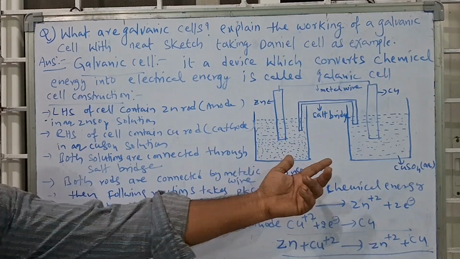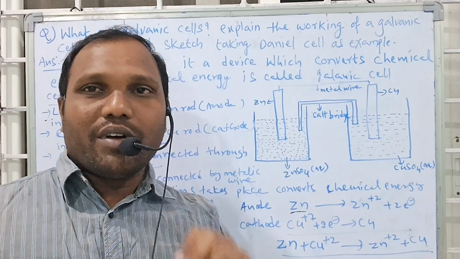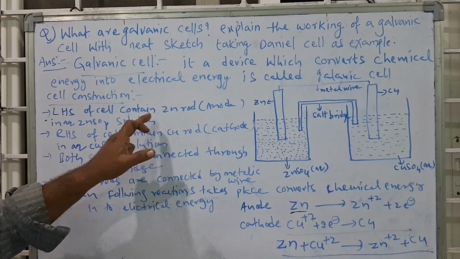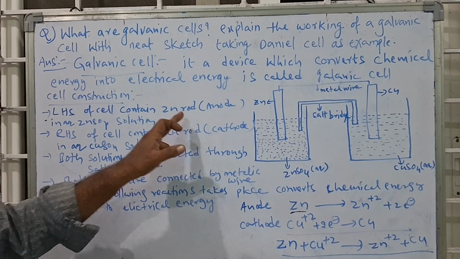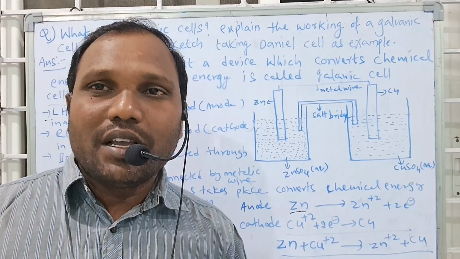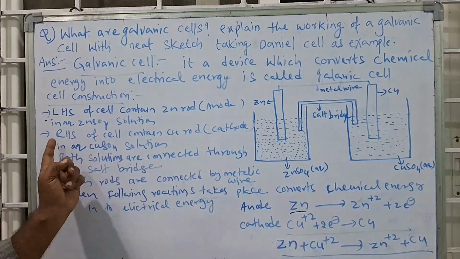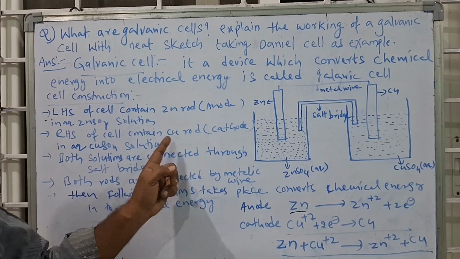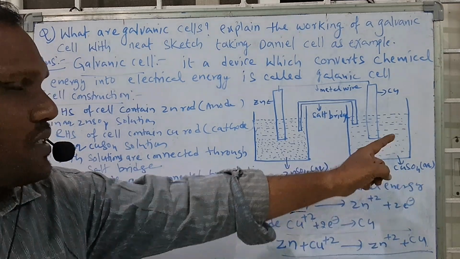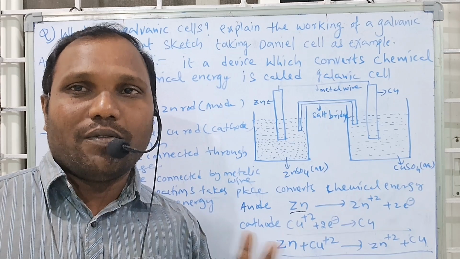Here this cell contains two half cells. How many half cells? Two half cells. The left hand side of the cell contains a zinc rod which is present in aqueous zinc sulfate solution, and this zinc rod acts as the anode. Then the right hand side of the cell contains a copper rod which is present in aqueous copper sulfate solution, which acts as the cathode.